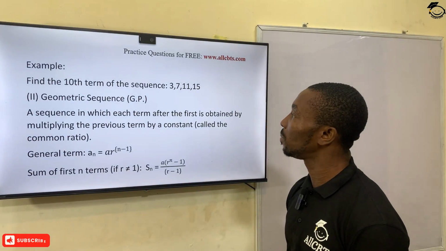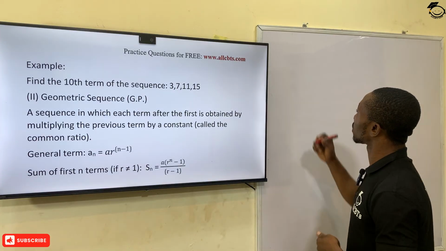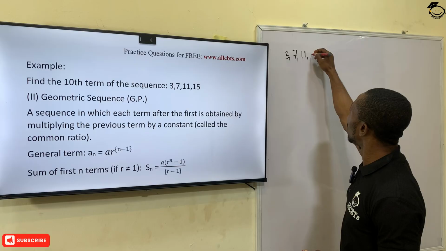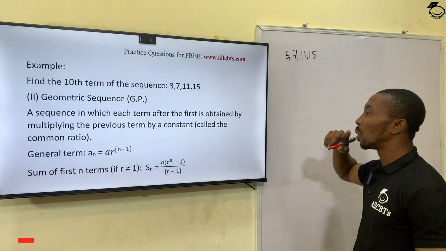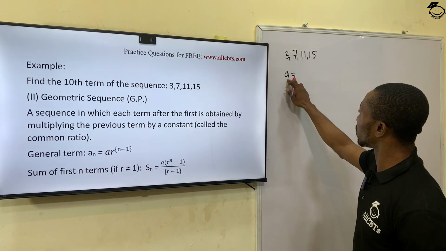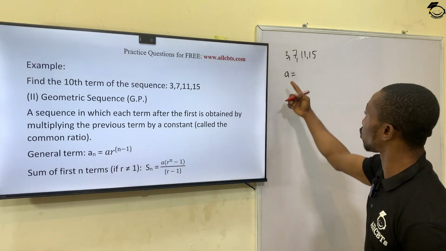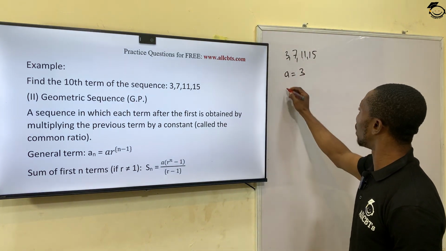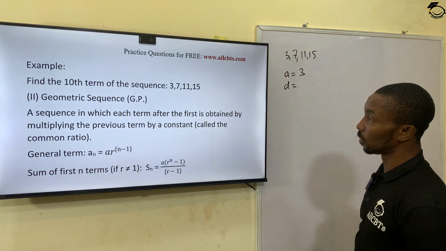Find the 10th term of the sequence. Our sequence is 3, 7, 11, and 15. If we look at this sequence, what's our A, which is our first term? Our first term is the first number in the sequence, which is 3. Now we look for the common difference.